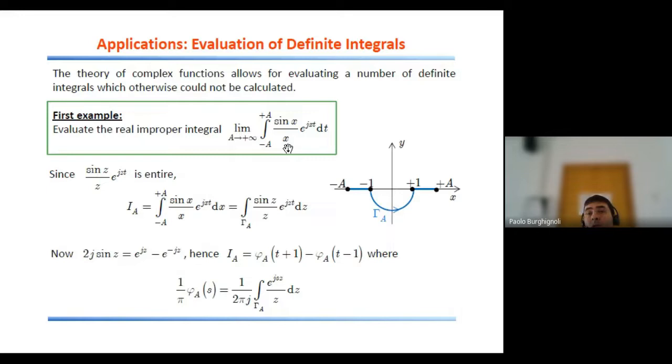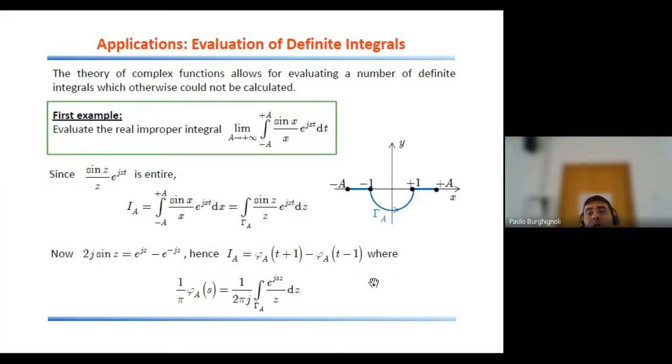So the denominator goes to 0 at the origin, whereas the numerator does not go to 0 at the origin. We get a pole singularity, and that's why we wish to avoid the singularity by making this half circular detour.